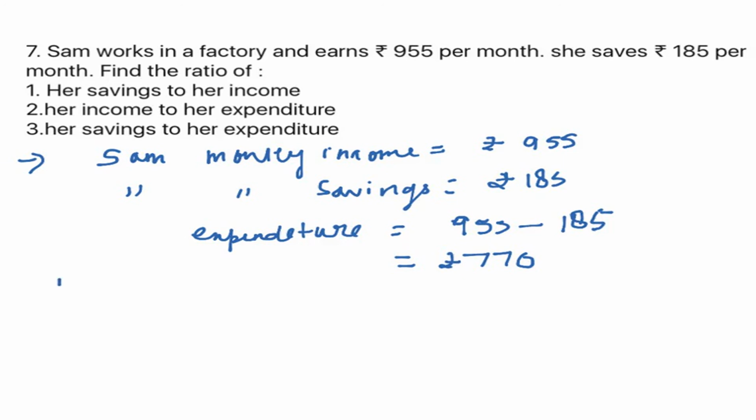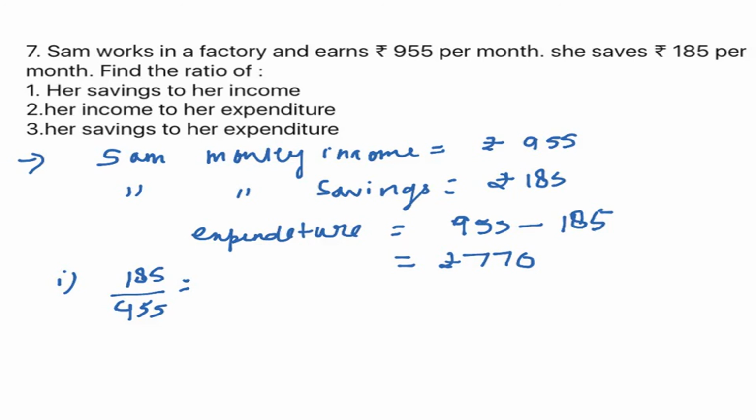Now the first part is we have to find the ratio of her savings to her income. Her savings is 185 and her income is 955. Now the next step is we will find the HCF of these two numbers. The HCF of these two numbers will be 5.